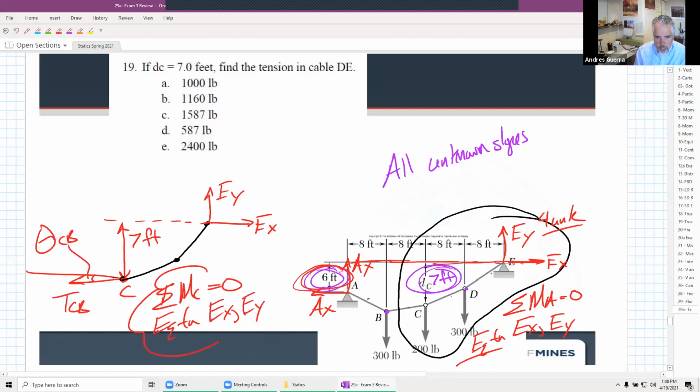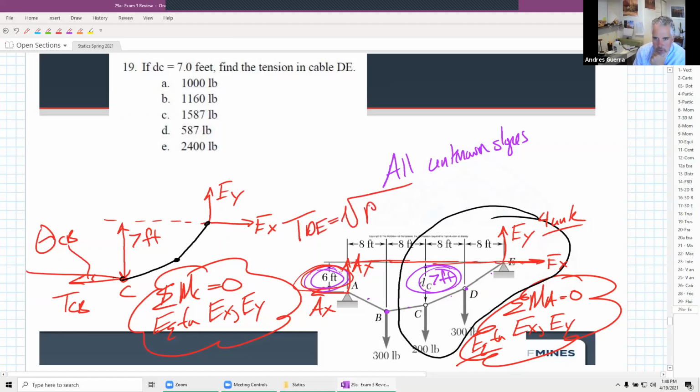Now we have 2 equations with 2 unknowns, and we can solve for those. And then to find the tension in D to E, we will take the square root of EX squared plus EY squared, using the Pythagorean theorem to find the tension in that end segment based on knowing our EX and EY.